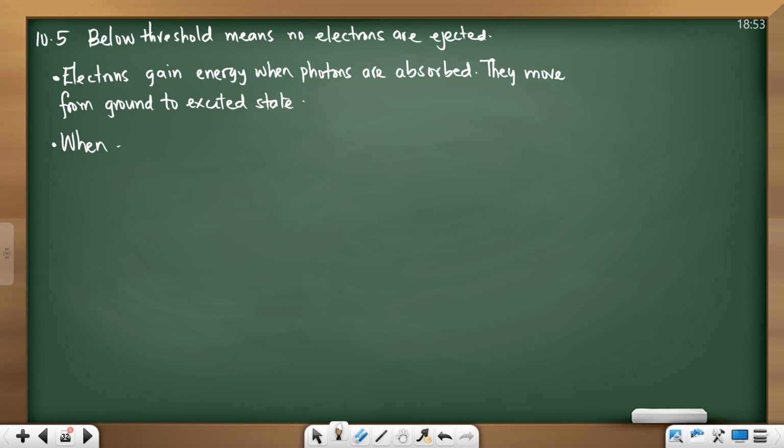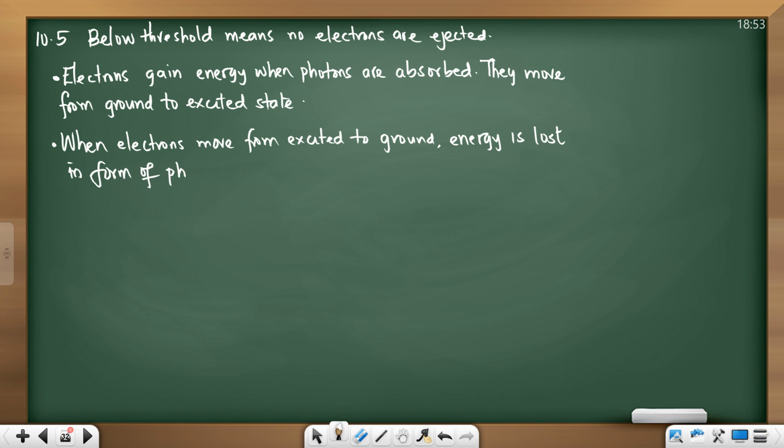When electrons move from excited to ground, what happens? Energy is lost in form of photon, and that is light, which makes the metal to shine.